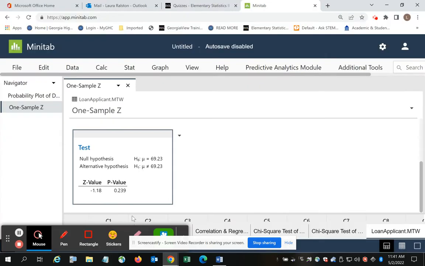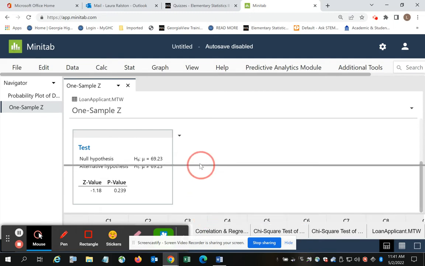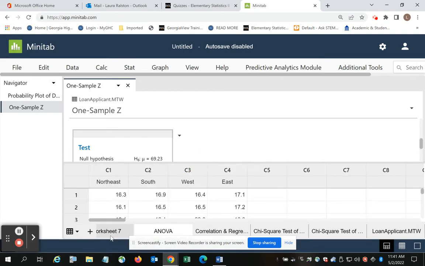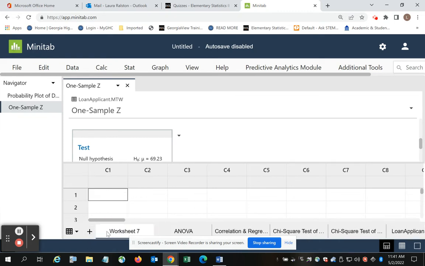So for chi-square goodness of fit, okay, well, we can retype it in.